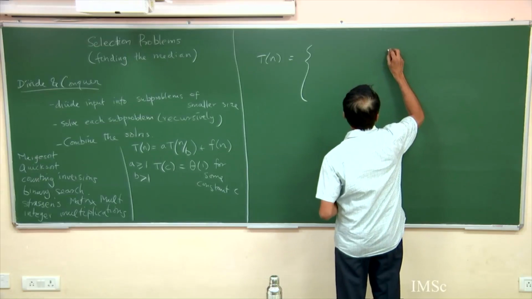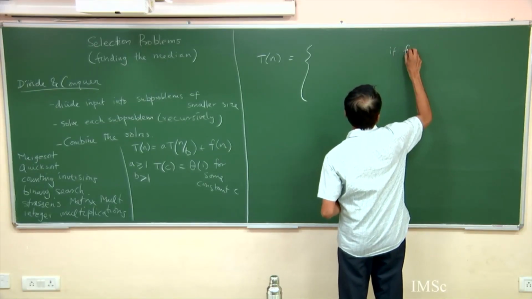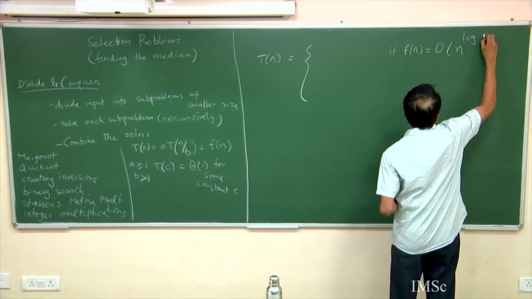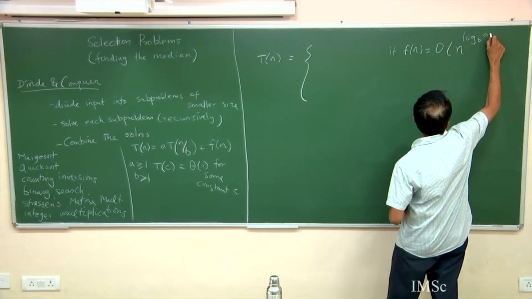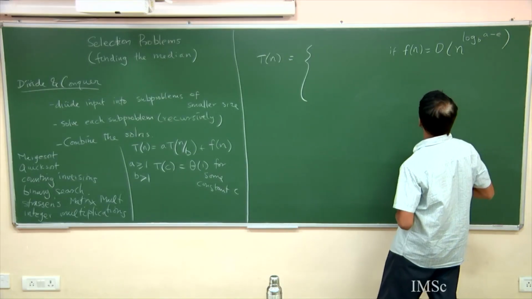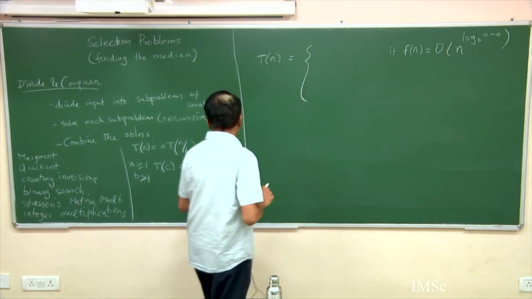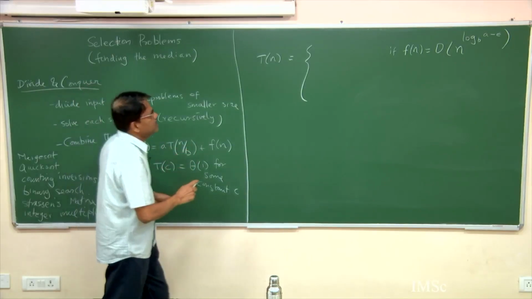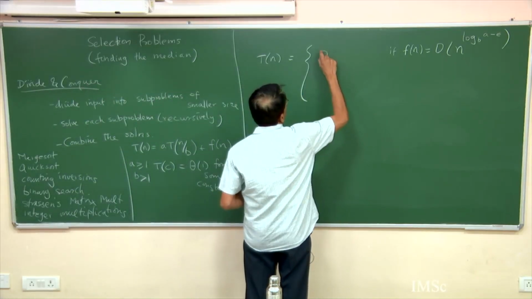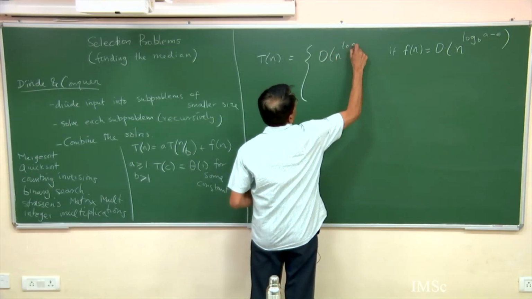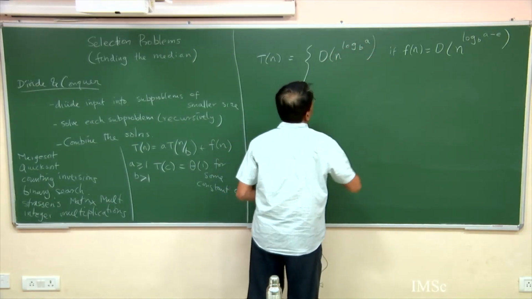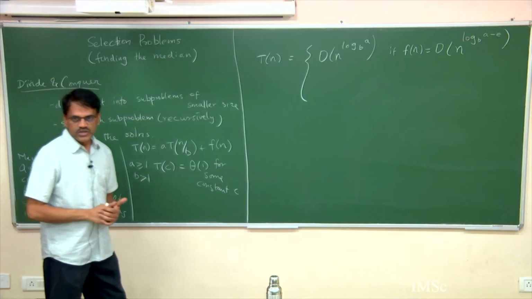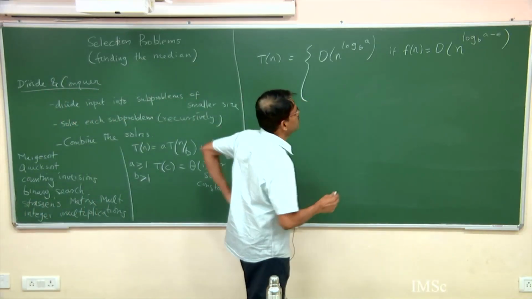If f of n is something like n power log a to the base b minus some small epsilon, then essentially this term will dominate, if you keep expanding it. If you just expand it out and sum the series, the solution to the series requires these conditions, you will have this.